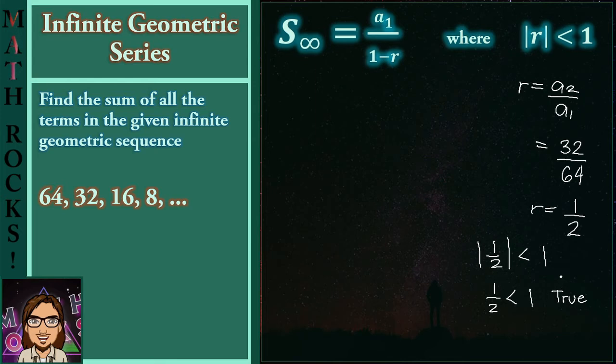So it gives us a true statement. Since we have satisfied this given condition for the common ratio, then we can apply such formula for the sum of the infinite terms of an infinite geometric sequence.